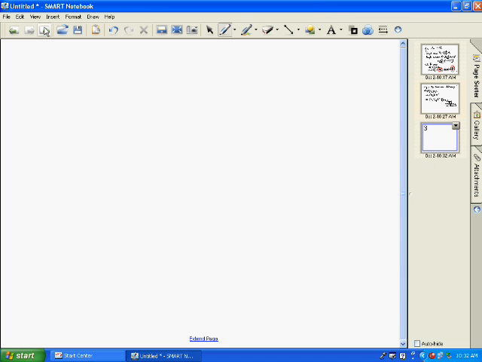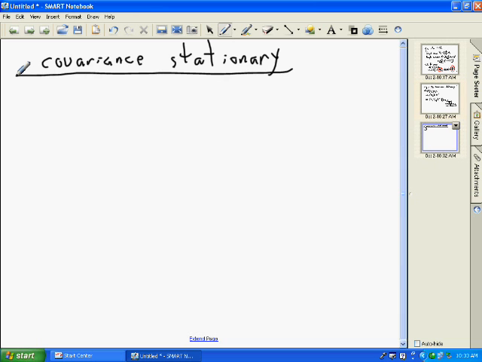But now for a covariance stationary process, we no longer have the independence assumption. The expected value of x bar of n is still the same, so we can still use the sample mean as the estimator for the true mean.